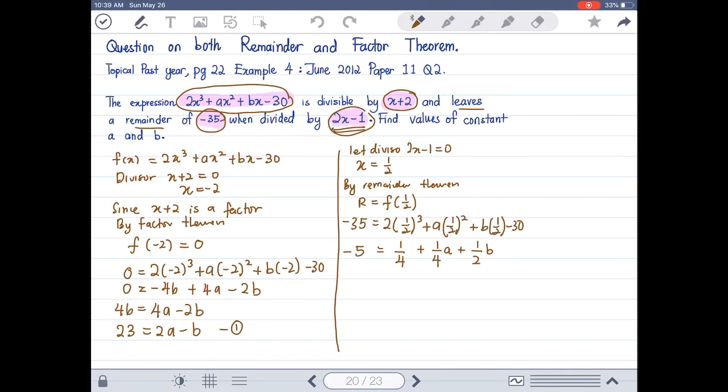And multiply everything with 4, we should get negative 20 equals to 1 plus a plus 4 divided by 2b. So we can have a plus 2b is equals to negative 21 as our second equation.